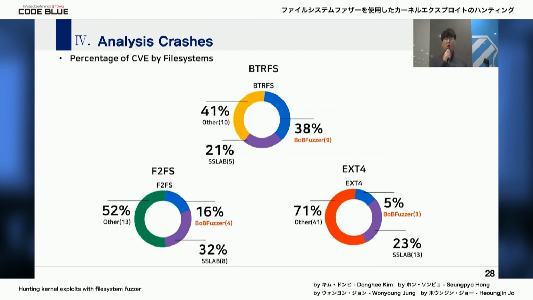The number of CVEs that we reported was a total of 16, which is small, but it can be seen that they occupy a significant portion of the CVE ratio for file systems. This means that there is not much research on the vulnerability of file systems. It would be nice if additional research on file systems was done in the future.